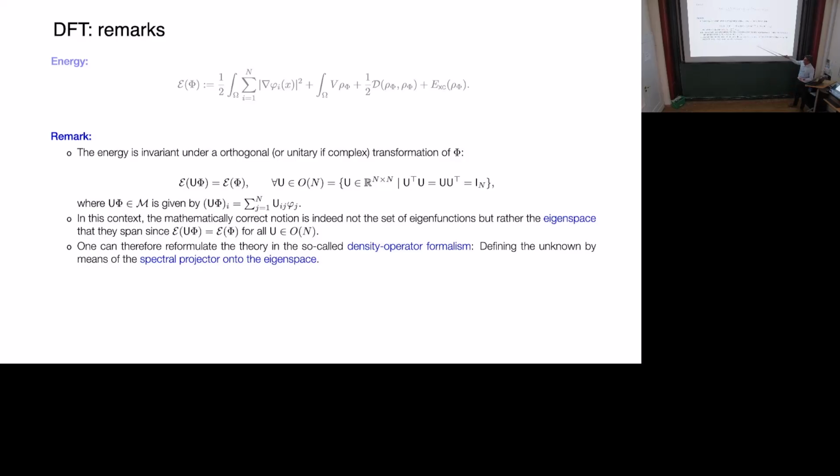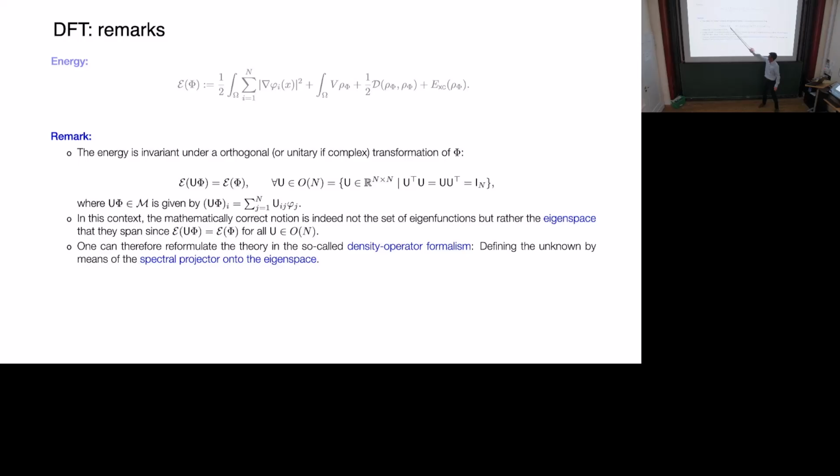So this means mathematically phi is not a good representation of my solution because I have no uniqueness, right? I can just turn the orbitals. I mean, if this would be a vector, this would be just a matrix multiplication, but these are not H1 functions, but you can think about vectors here. So I don't have uniqueness. I can turn these vectors as much as I want.